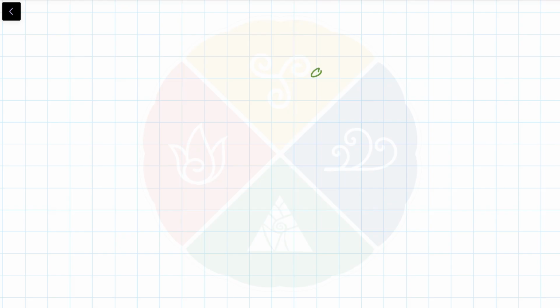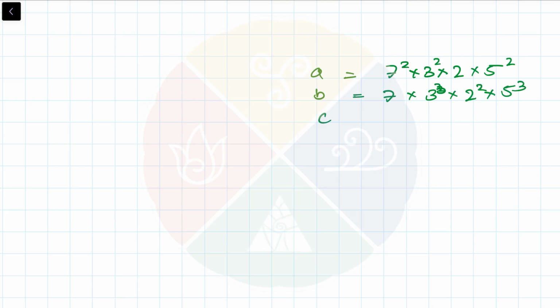Imagine 3 numbers A, B and C. The first number is 7 squared into 3 squared into 2 into 5, the next is 7 into 3 cubed into 2 squared into 5 cubed, and the last number will be 11 into 3 raised to 4 into 2 raised to 4 into 5.